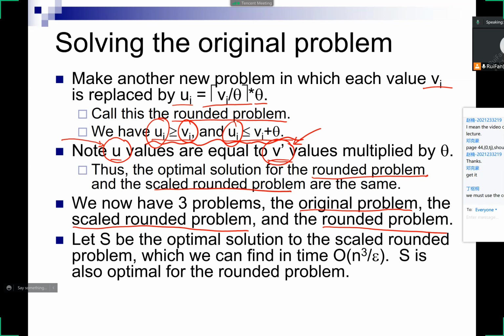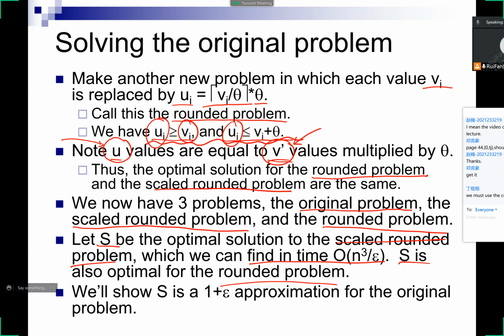Let S be the optimal solution to the scaled rounded problem, which we can find in time n cubed divided by epsilon. We know that S is also optimal for this U problem, the rounded problem. Now we're going to show that S is a 1 plus epsilon approximation for the original problem.